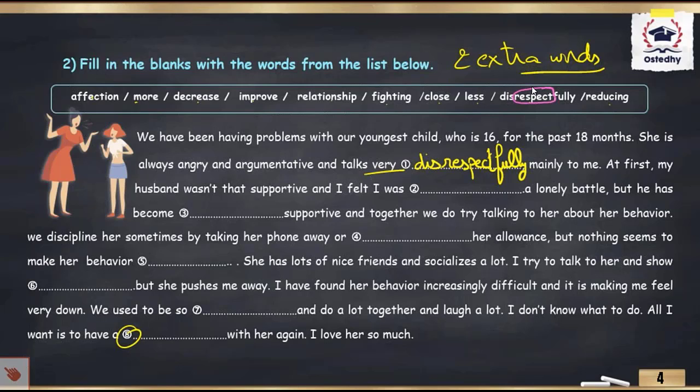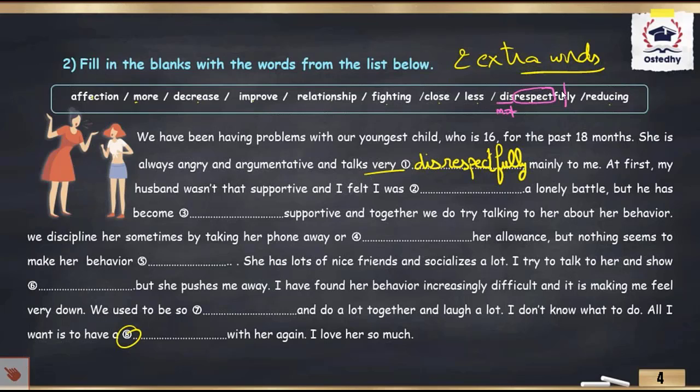If I disrespect somebody, that means I will not respect him. If I am disrespectful, that means I am not respectful to that person. And this is the point here. This girl is angry with her mom all the time, and she makes arguments. She's always fighting with her mom, and she talks to her very disrespectfully. Okay? Good.